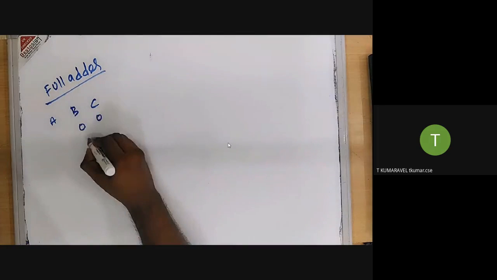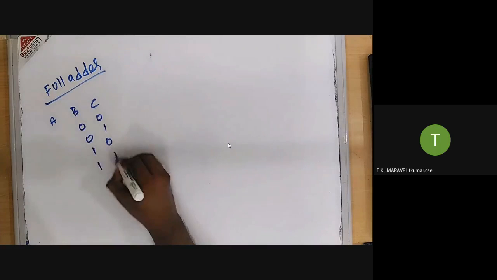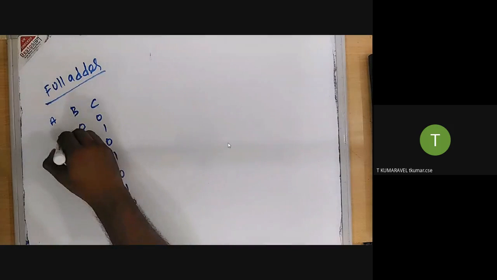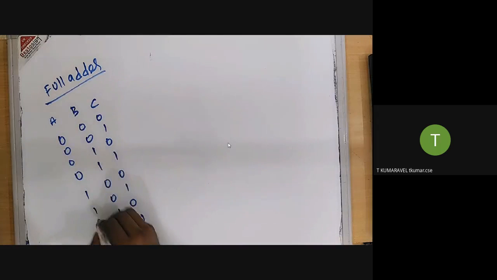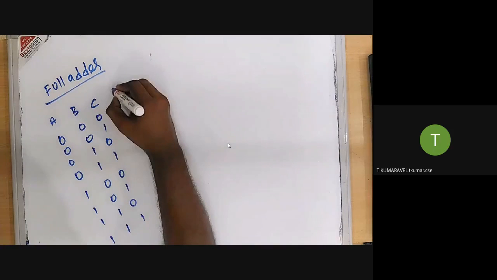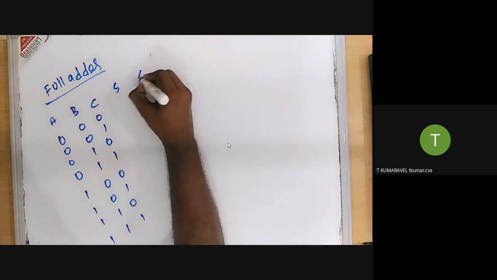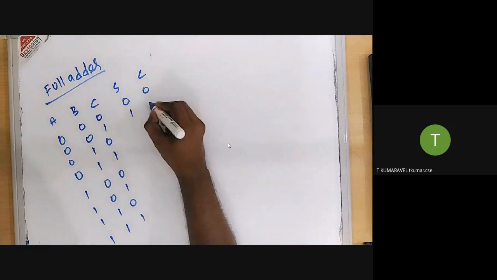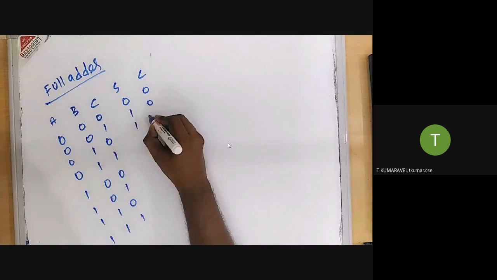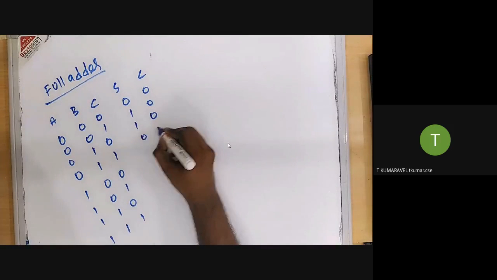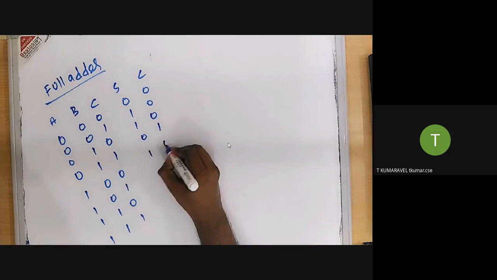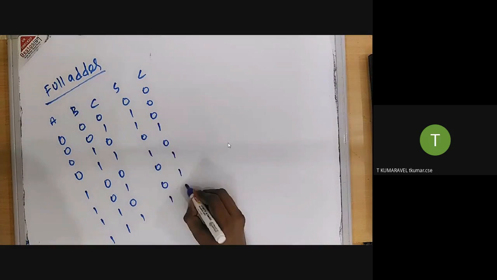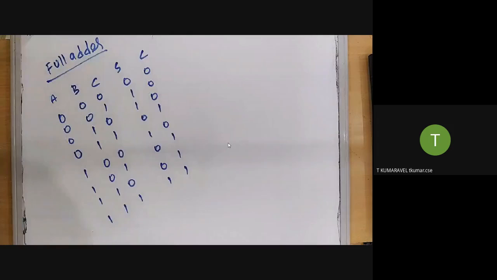So 8 input combinations are available, and it produces outputs as two variables, one called sum and another called carry.